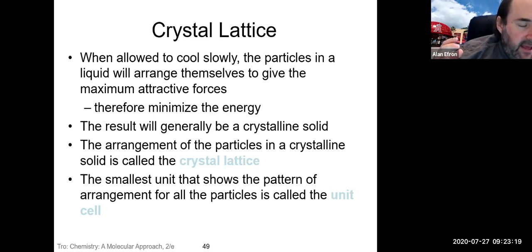And although we still have positive areas near positive areas and negatives near negatives, they're minimized. So we try to keep that to a minimum and have more of the positive negative attraction. And again, that allows everybody to come together in the solid state.